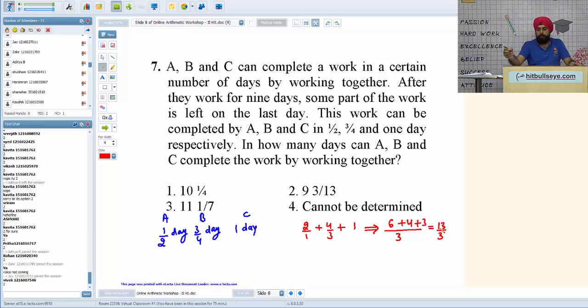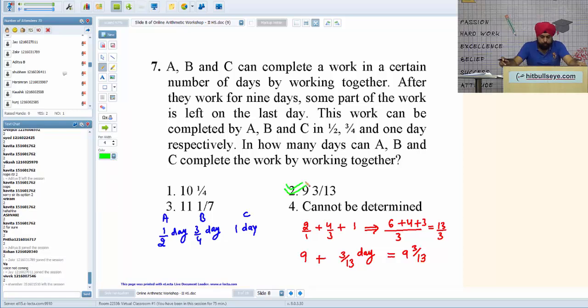This means in 1 day they will do 13 by 3 of the work, or they will be able to finish the work in 3 by 13 of a day. And mind it, 9 days have already gone. So if 9 days have already gone, the answer shall become 9 3 by 13. Nothing else is there in this question, students. So you all have got it, students?